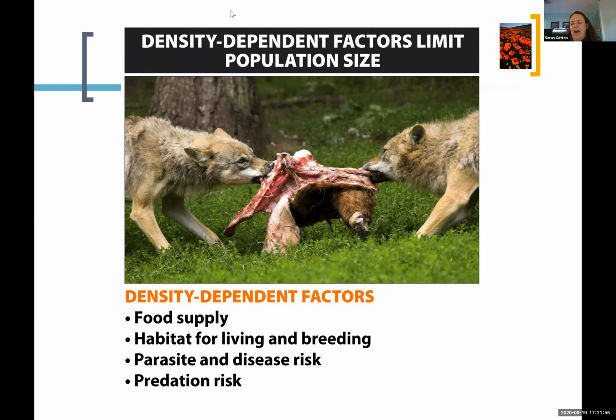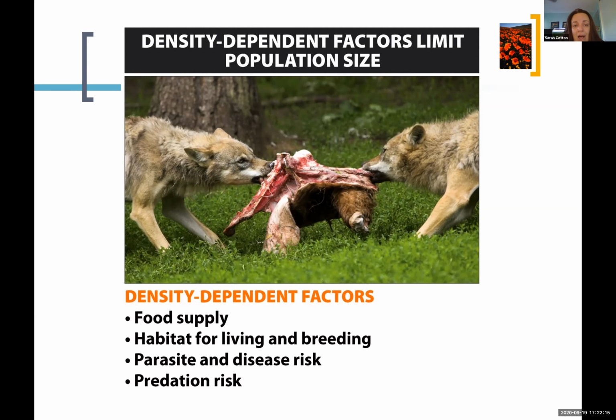That means that the impact of these different factors is determined by how dense the population is. Okay, so our first example is food supply. Whether or not there is enough food for everyone depends on how many everyones there are, right?